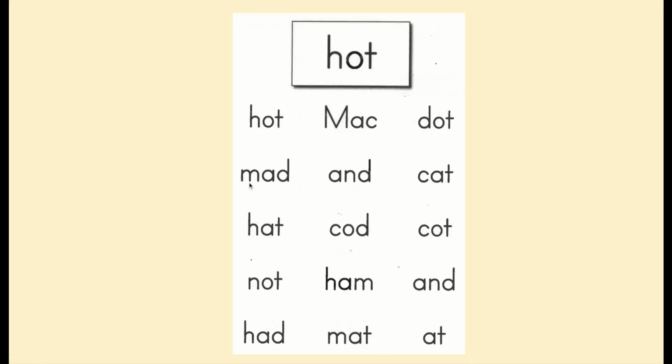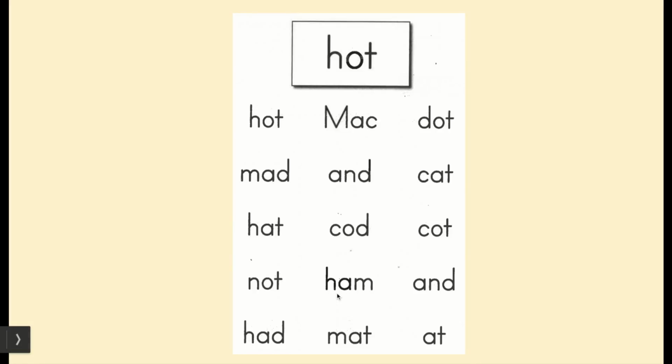What sound does mad start with? It starts with the sound like moon. What sound does mad end with? It ends with the sound d like dog. What sound does ham begin with? It starts with our new sound, the sound h. What sound does ham end with?